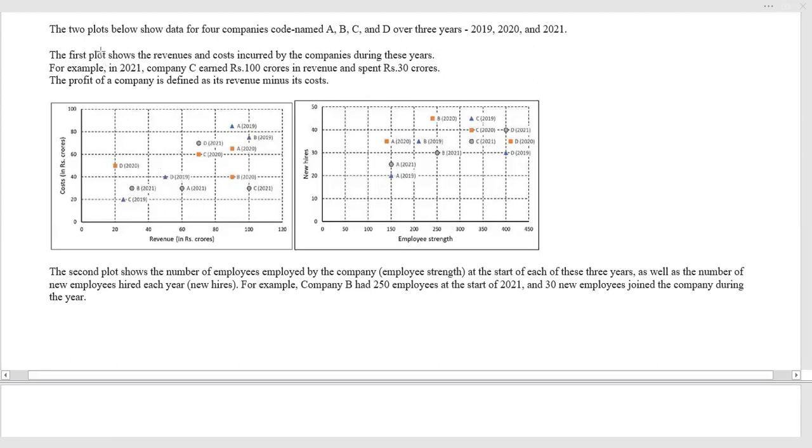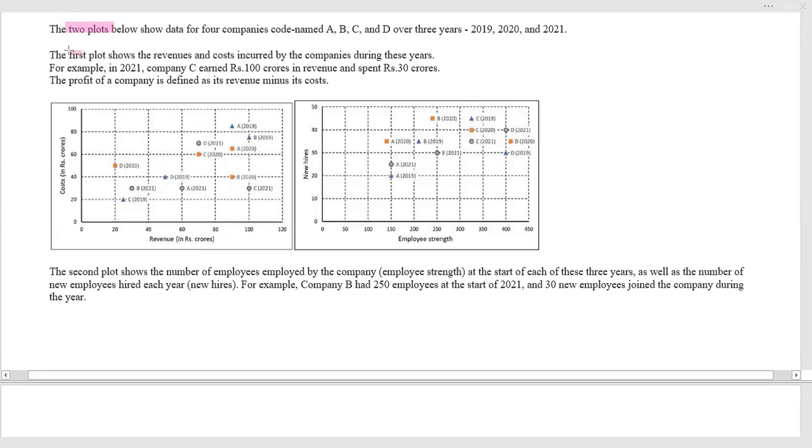Here two plots are given in this set, and it is actually the performance of the 4 companies A, B, C, D in 3 years, 2019, 20 and 21.